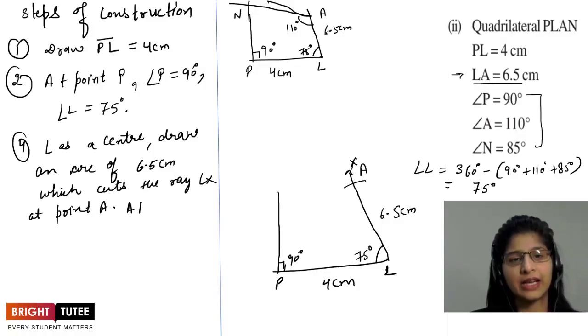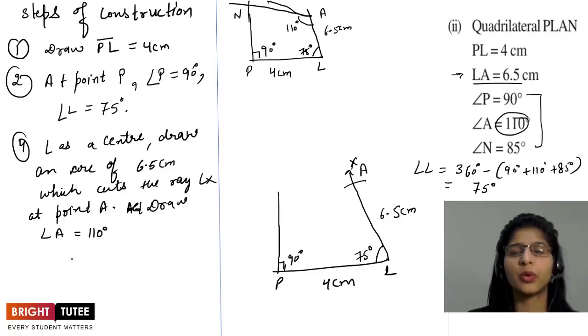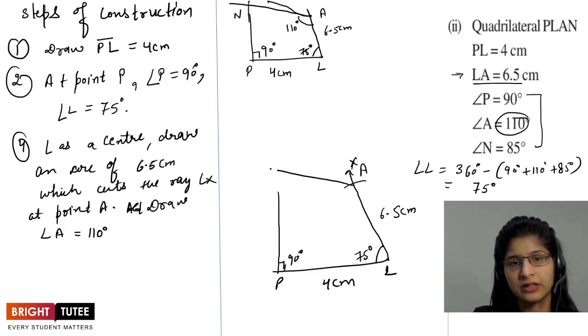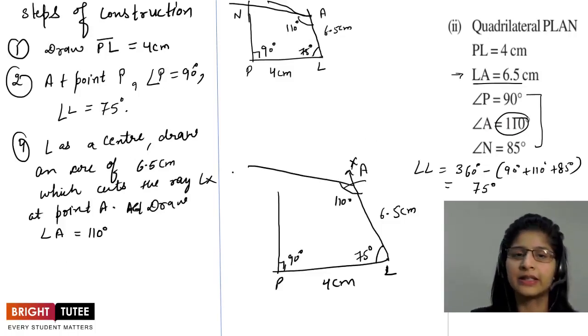Now at A, draw angle A as equal to, what is the measurement of angle A? 110. So after getting the point A, we will draw an angle of 110 degrees here. So using the protractor, draw an angle of 110 degrees here, and this is the ray for the 90 degrees angle, and this is another ray, right?